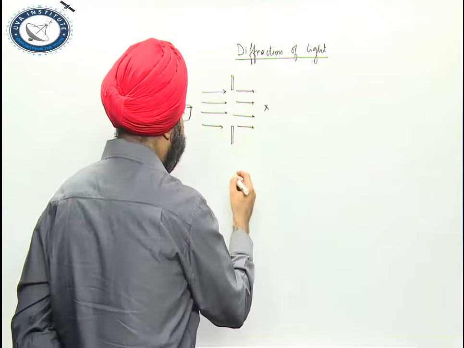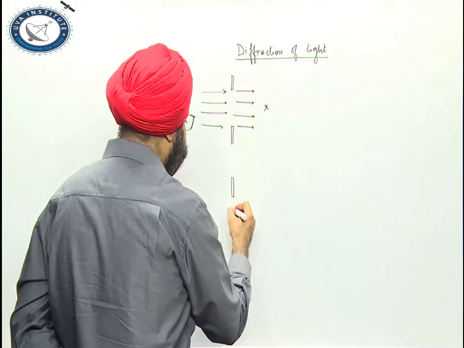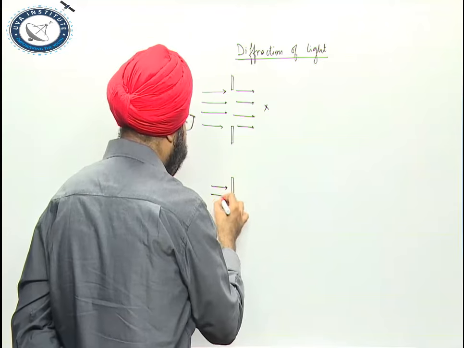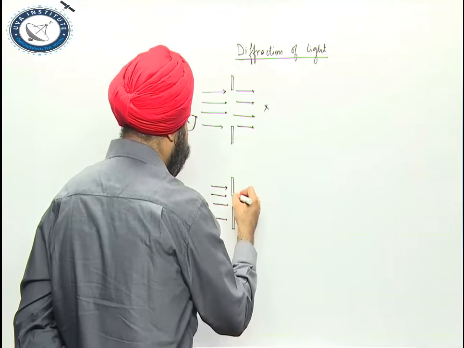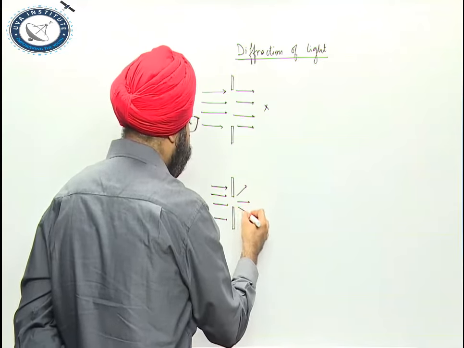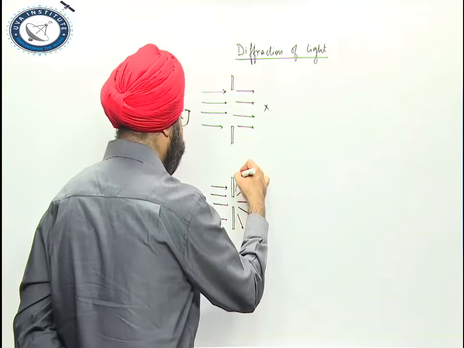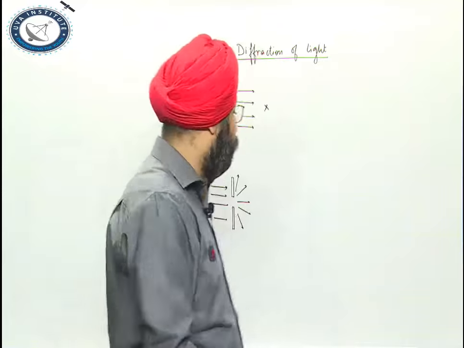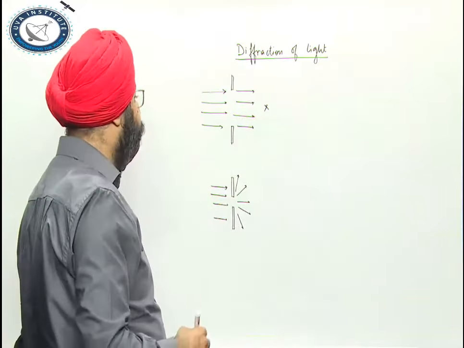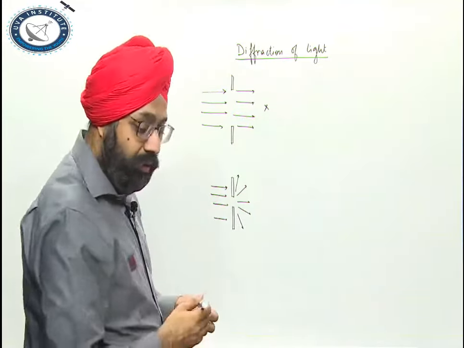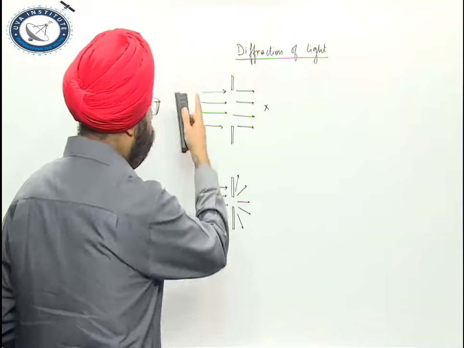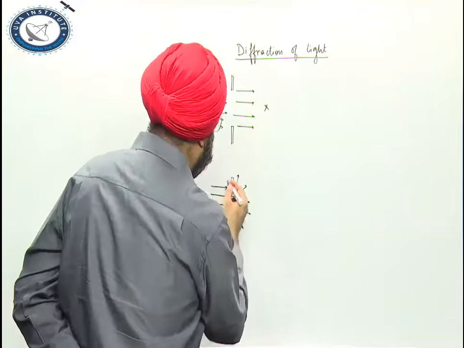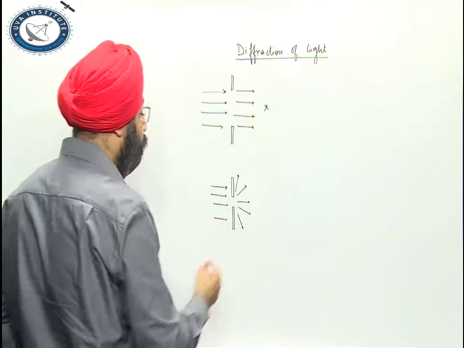And if I make the slit of the order of wavelength, this light bends from the corner. So in the second case, diffraction occurs. So we will be studying this type of diffraction, that is Fraunhofer diffraction.